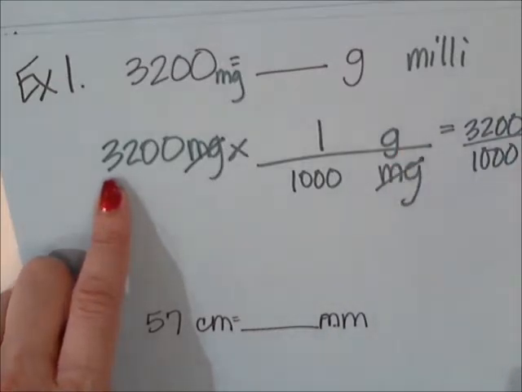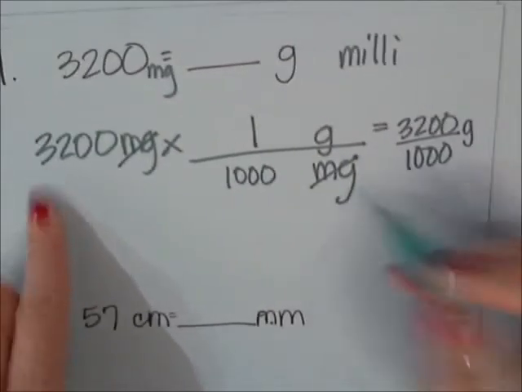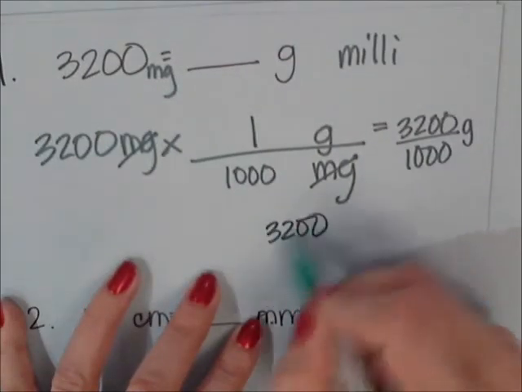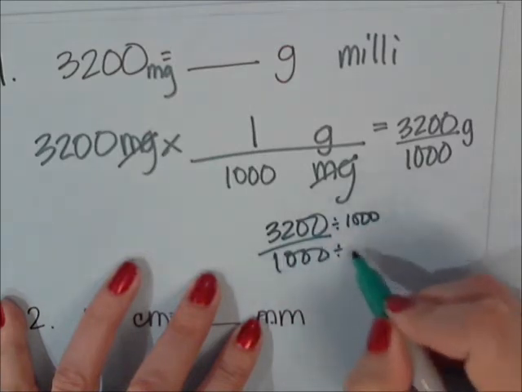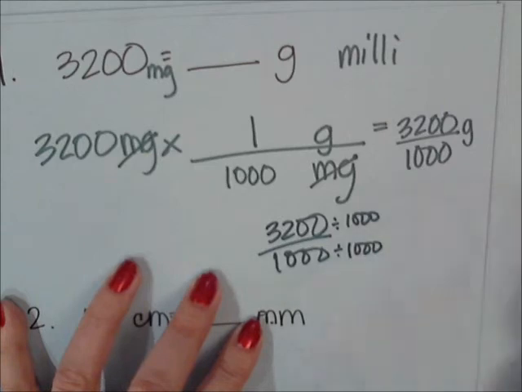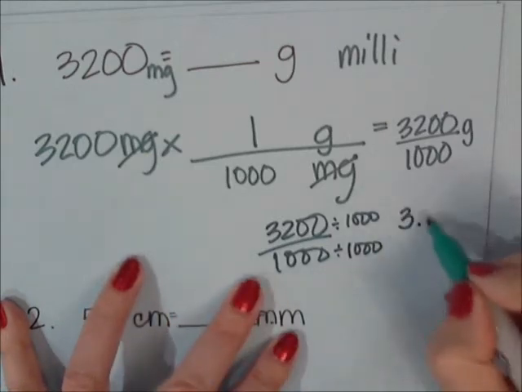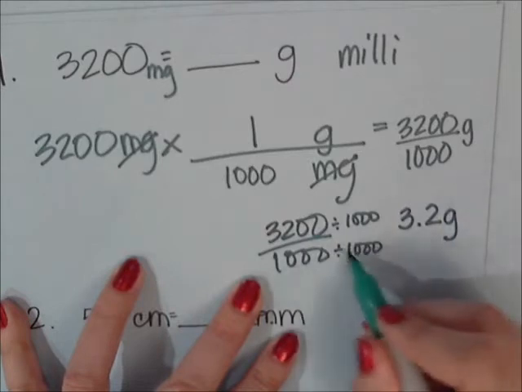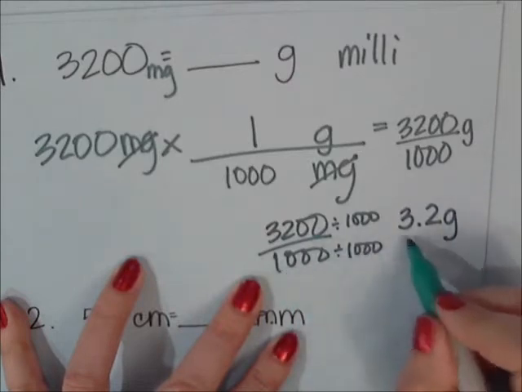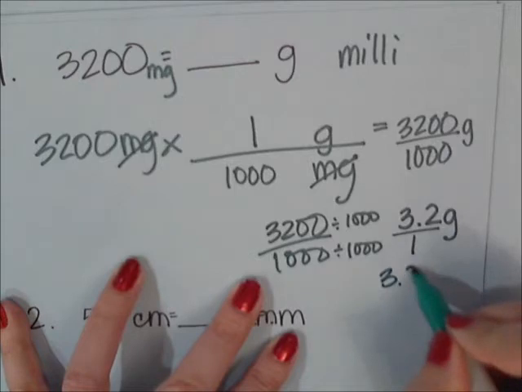I know I can simplify this by reducing it by 1,000. 3,200 over 1,000 divided by 1,000 equals 3.2 grams, because 1,000 over 1,000 is over 1. So it's just 3.2 grams.